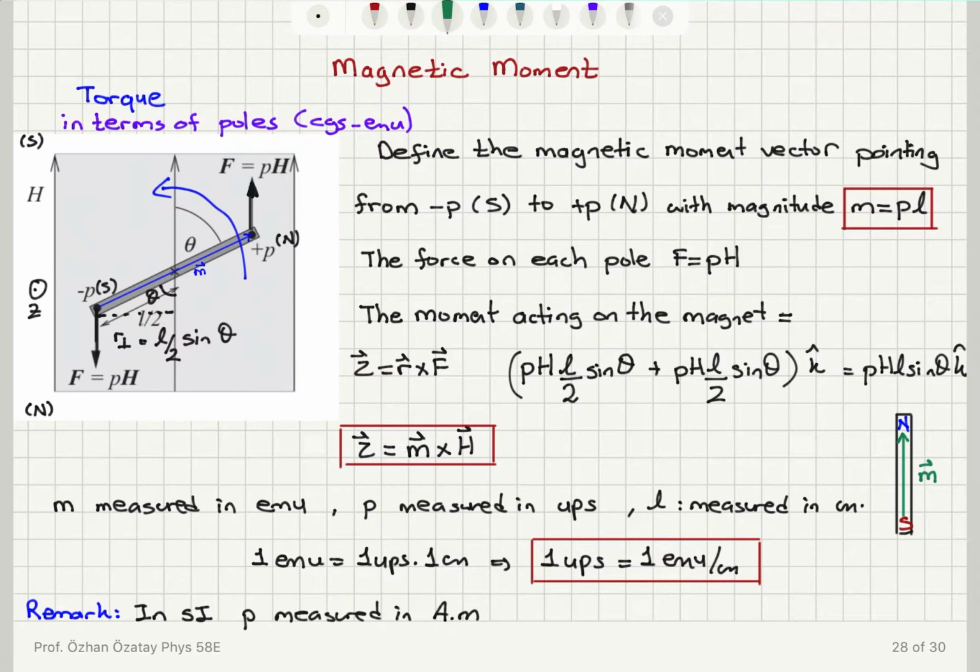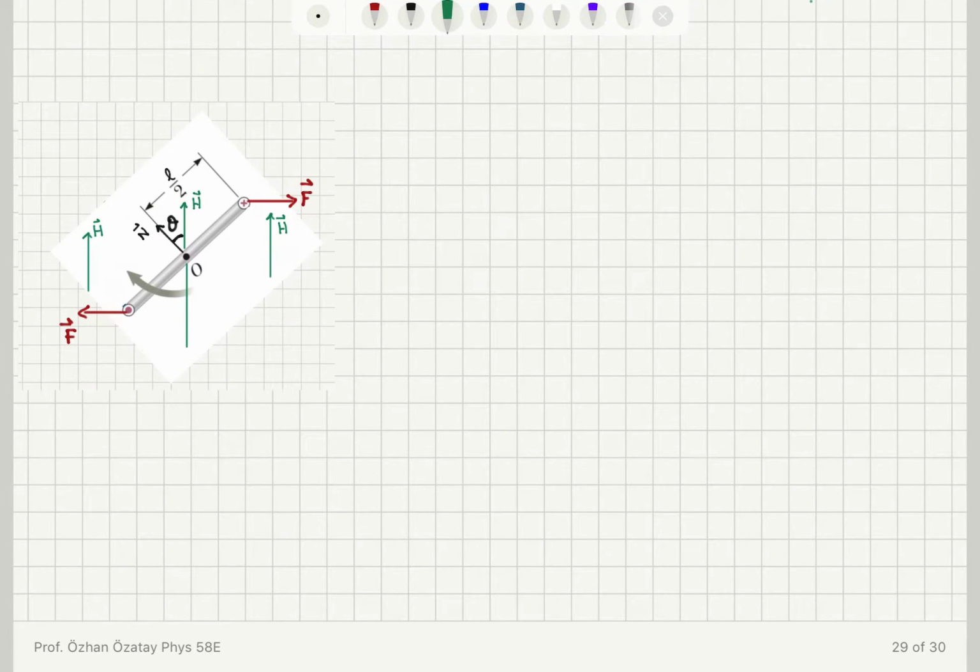Now we can look at the same thing in terms of currents. So let's change the picture to SI and look at it in terms of currents. In this case, we have a current loop. A current carrying wire feels a force inside a magnetic field, so that's what you have to recall. So here I have a one-turn coil.